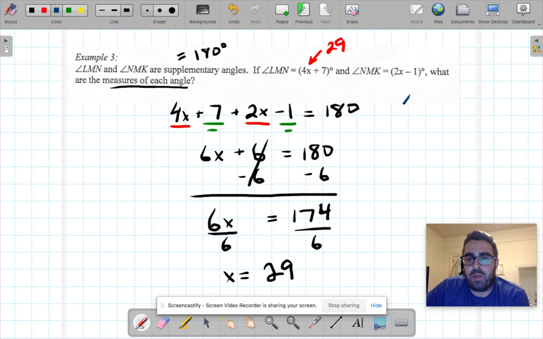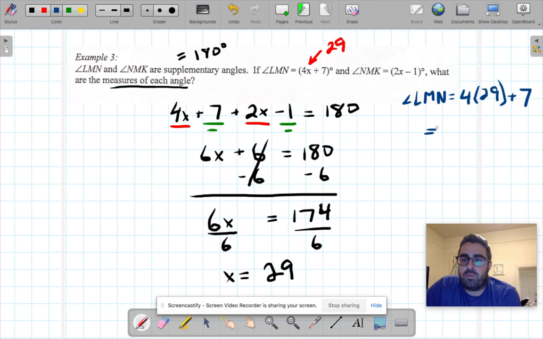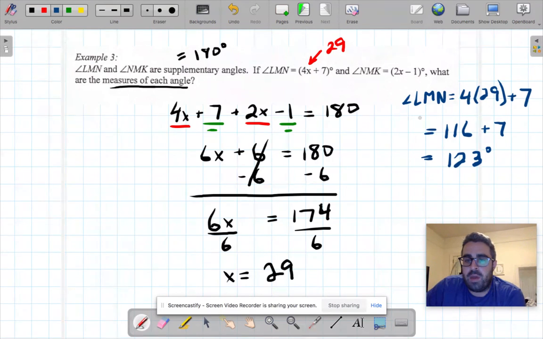So I know that LMN is equal to 4, and I'm replacing x with 29, so I'm going to substitute it here. So 4 times 29 plus 7. So 4 times 29 is 116. And 116 plus 7 is 123. So I know that angle LMN is 123 degrees.